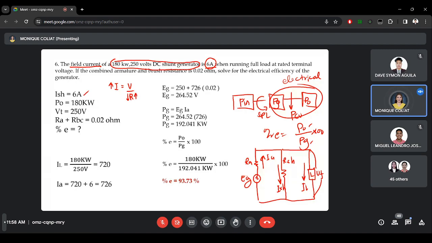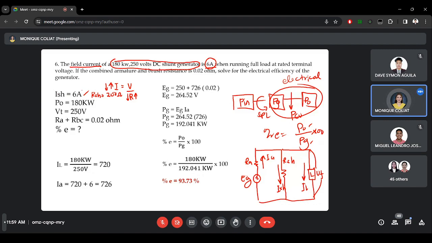What is the electrical efficiency? So we need to get PG. PG is EG times IA. Do we have EG? Wala. Do we have IA? None. Okay, so we have to get that.